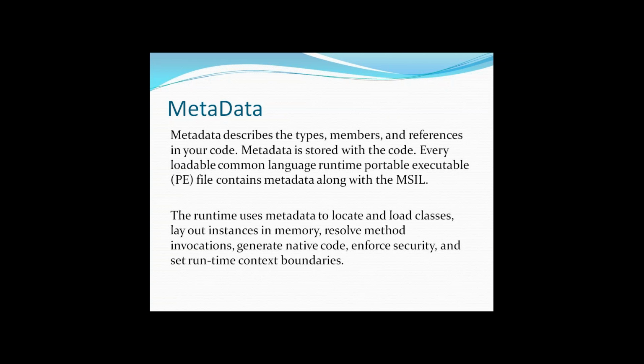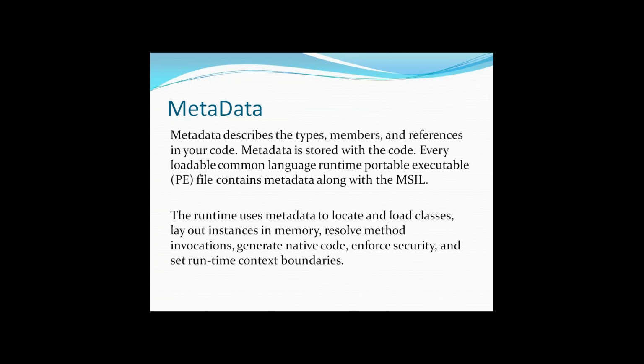So similarly, your code can contain hundreds of types, and each type can have n number of members defined inside them, and one type might be referencing another type. Yes or no? Understanding or not? So to quickly reach a particular class or a type or a reference which you might want to access and execute at a given point in time, you should have some schema or map which explains all the types, members and references in your code, right?